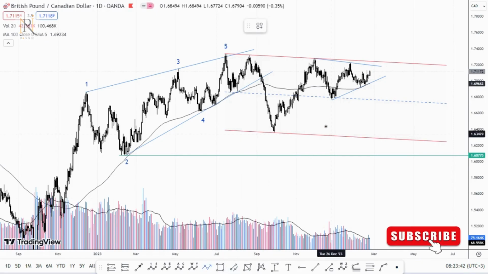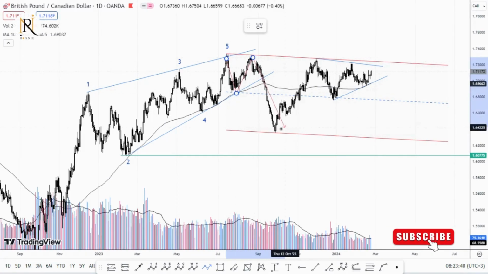Because we can see that after breaking out of this point, we never saw this wave complete this wedge.